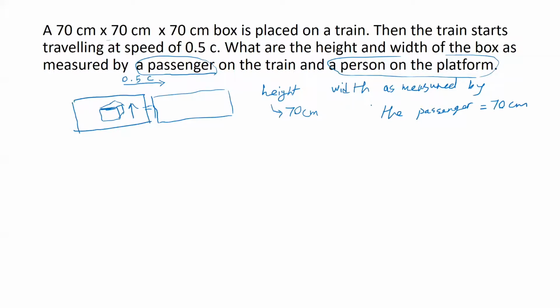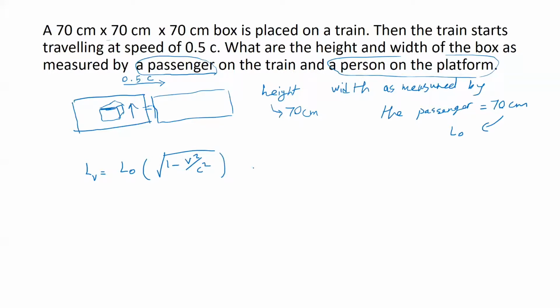So I write this one, that is our L naught. Then the only thing that I need to do is write the formula. That is L naught times the square root of 1 minus V squared over C squared.